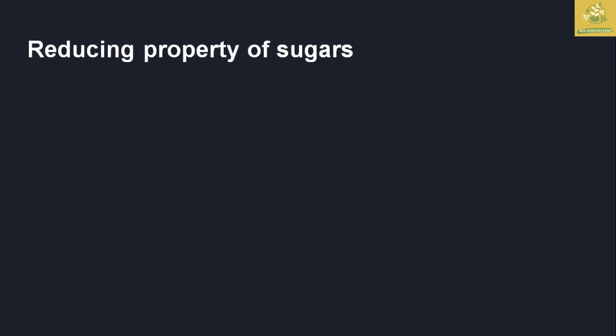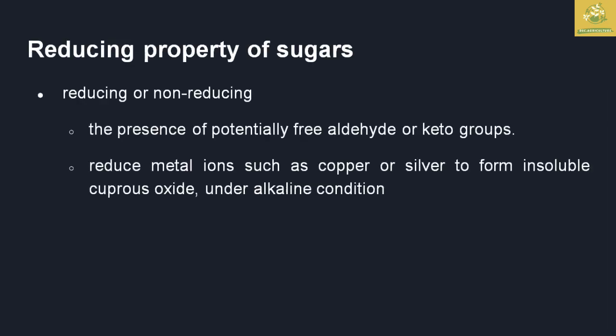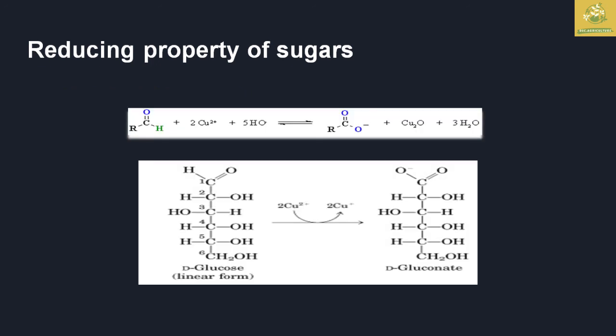While seeing the reducing properties of sugars, whether a sugar is reducing or non-reducing is due to the presence of a potentially free aldehyde or keto group in the sugar molecule. They reduce metal ions such as copper or silver to form insoluble cuprous oxide, which is mainly done under alkaline conditions of the solutions.